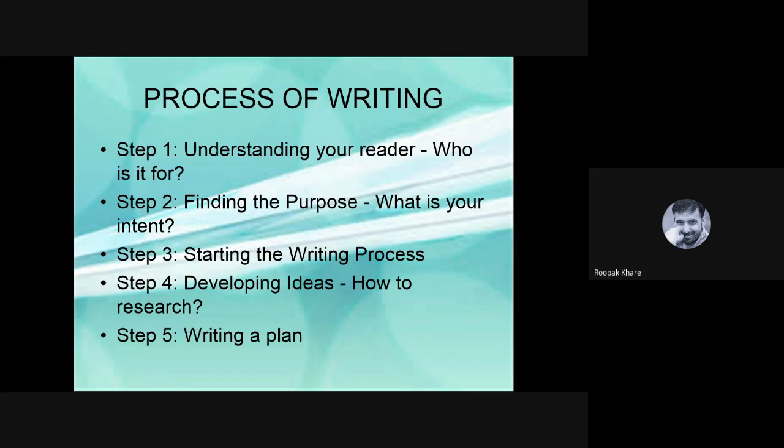Now, there's a process that we follow in writing a business communication, or communicating through writing in business. So step one says understanding your reader. It is very important whom you are writing to, right? So first you need to understand whether it is a business to business communication.